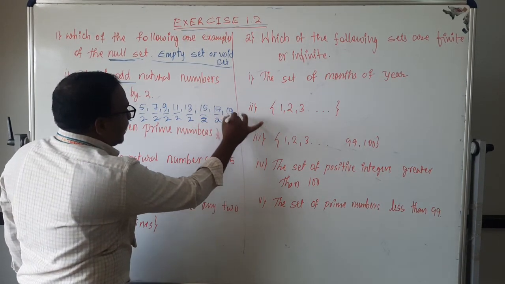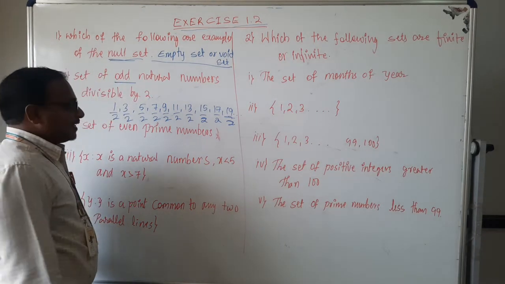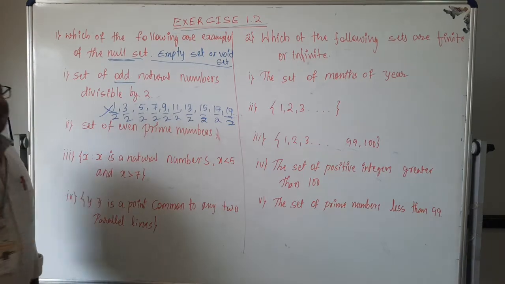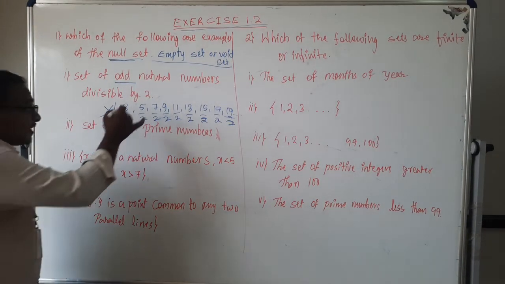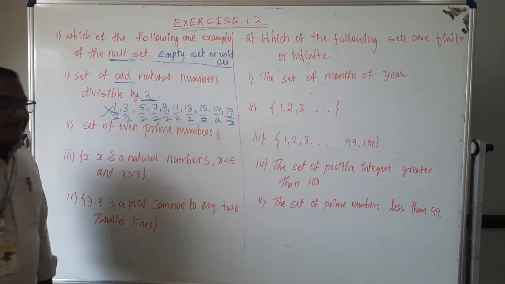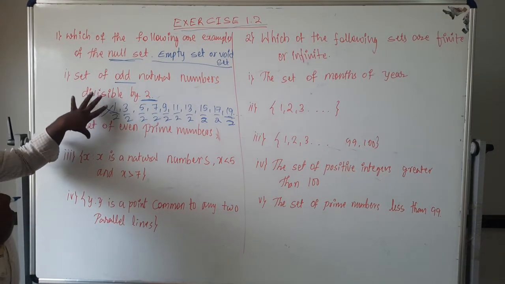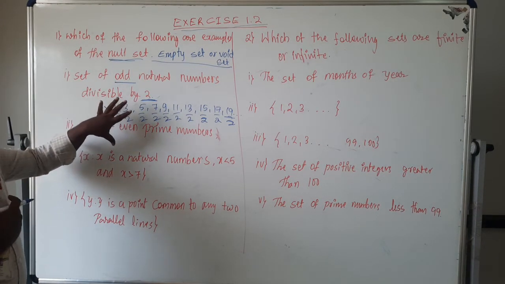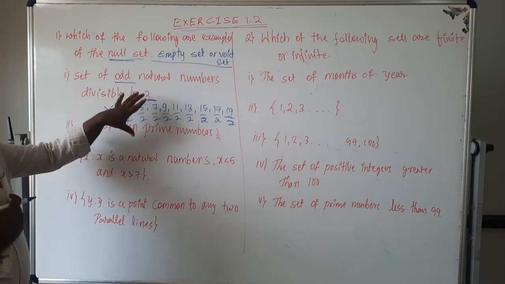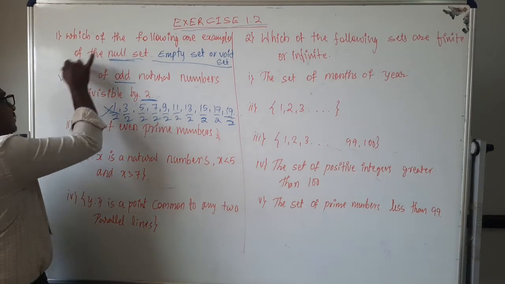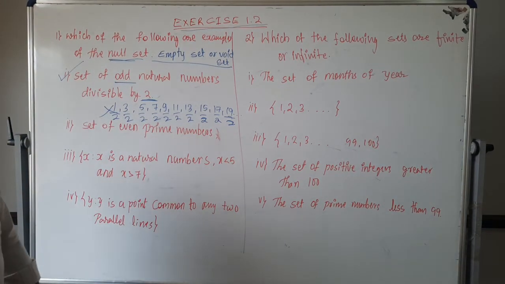Will any of them be divisible? No number is divisible by 2. There is no odd natural number which is divisible by 2. Therefore the first one is an empty set.